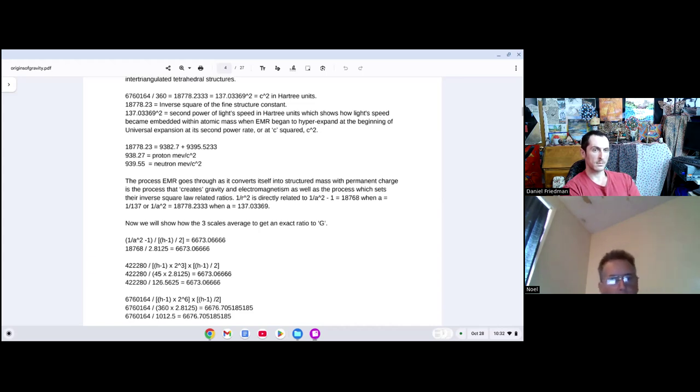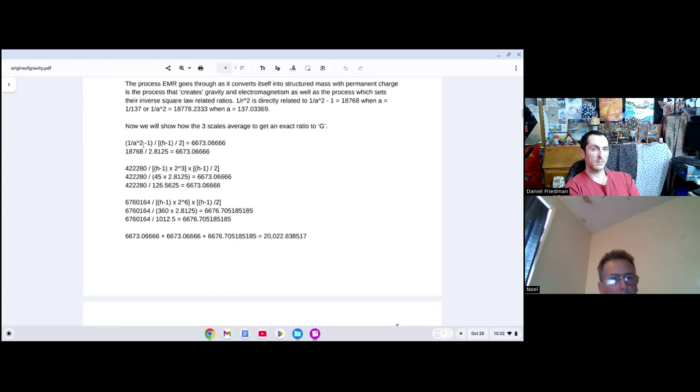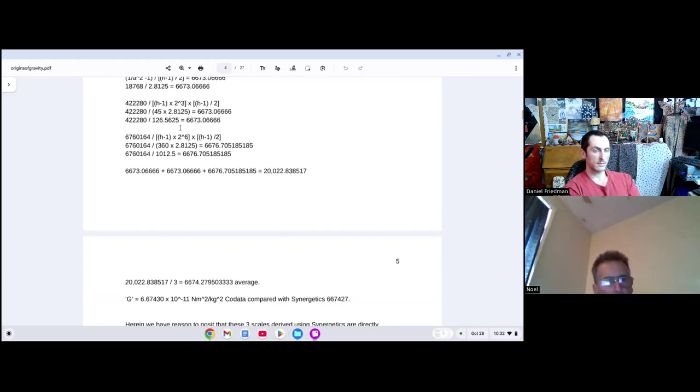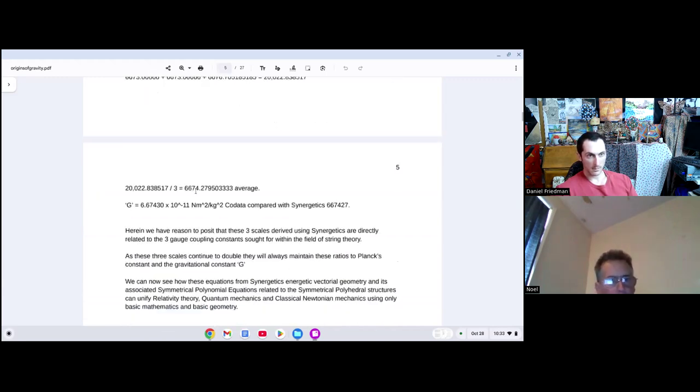So here's how the other three scales ratio. We have the frequency measure divided by angular momentum measure gives us the 6673. The second scale gives us the same 6673. The third scale gives us 6676, but what's interesting about that is when we average them, we get 667427, which is extremely close to 66743 of CODATA's gravitational constant.